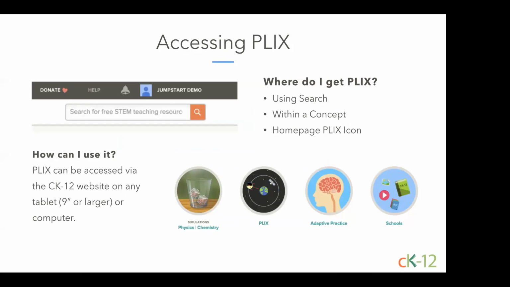You can also use the search bar to find content and modalities, including PLIX, or you could open PLIX from within any concept. You can access PLIX through the circular PLIX icon on the homepage. Alternatively, you can jump directly to the PLIX browse page using www.ck12.org/PLIX. Let's see what that looks like.